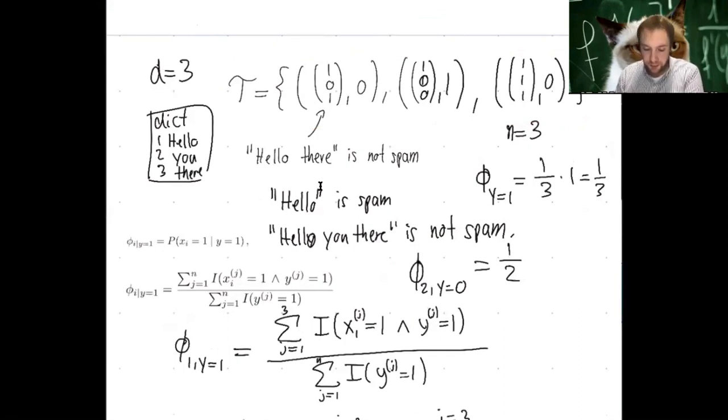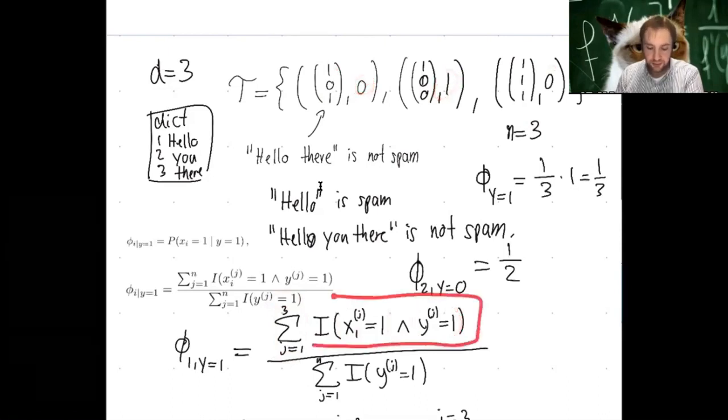I hope this answers the question about the indicator. So the indicator is just maybe a confusing notation to write down these formulas, but this sum just means I want to go through all of these training examples. And for each training example, I want to see if the corresponding entry is 1, and I also want to see if it is spam or not spam.